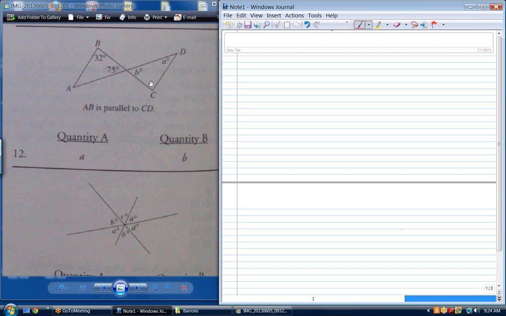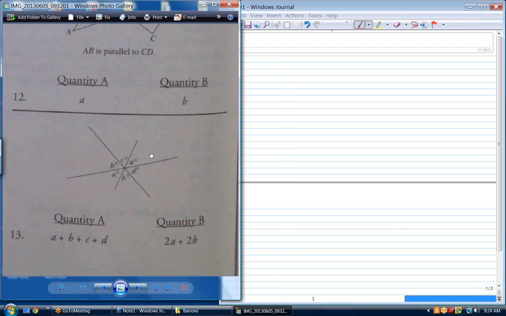What's angle C? 32. Right, because that's equal to that because they're alternate exterior angles of the two parallel lines with a transversal. Okay. So B is 75. What do we figure out A was? 73? 73. Okay, so B is bigger.